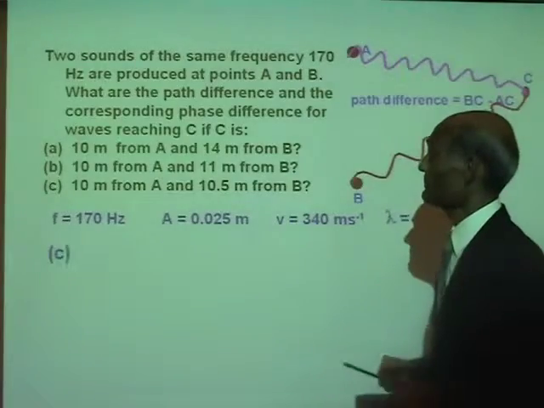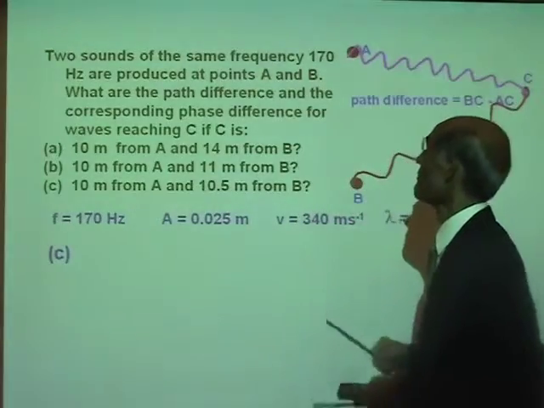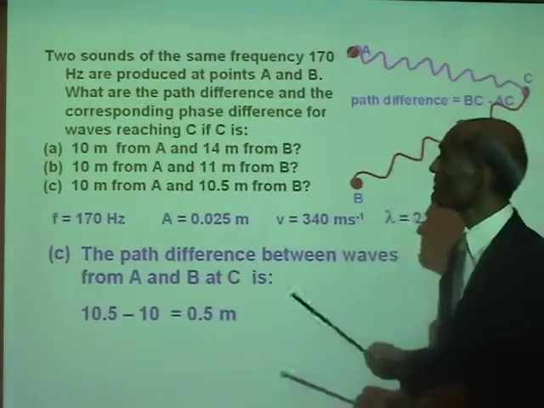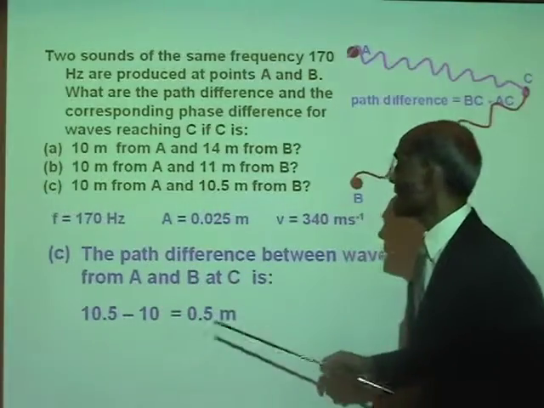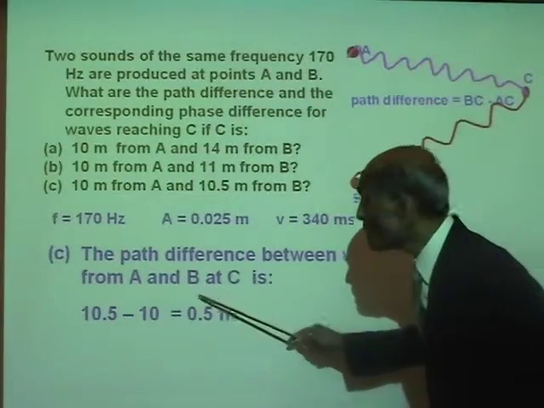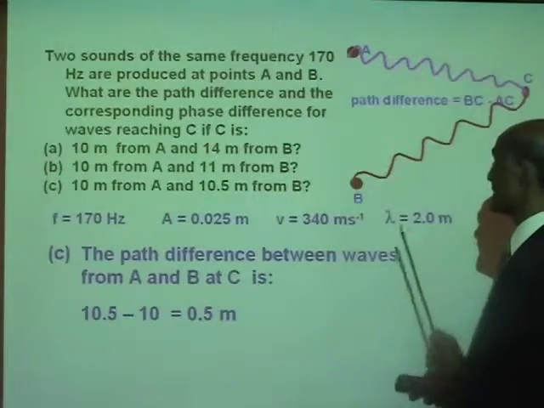Alright, let's do C. 10 meters from A and 10.5 meters from B. What is the path difference of waves coming from these 2 points? It will be 10.5 minus 10, which is 0.5 meters. Tell me, what is this in terms of the wavelength? The wavelength is 2 meters.